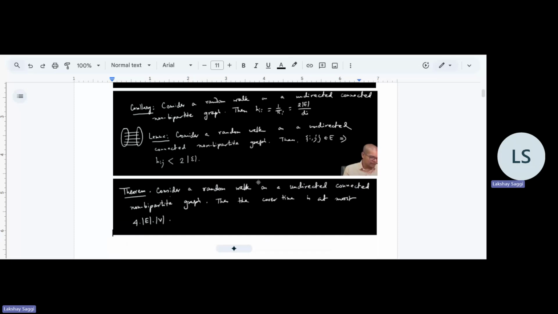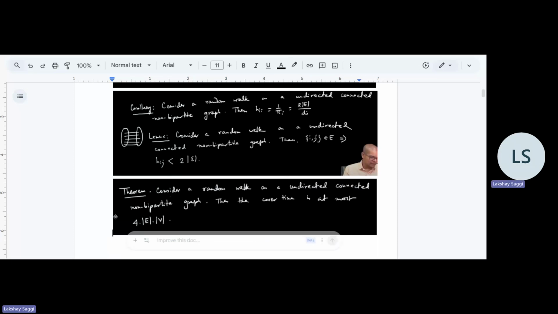And what do we mean by cover time? Cover time is essentially, if you start from any node in the random walk, the expected time by which one will be able to reach all the nodes in the graph. So if you're starting at one node of the graph in a random walk, what's the expected time by which you will have visited all the nodes at least once.